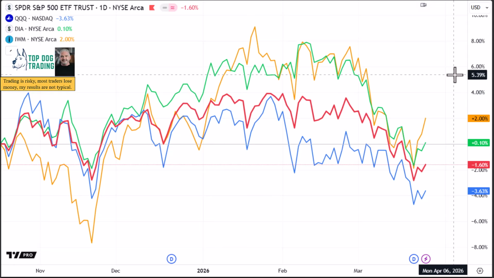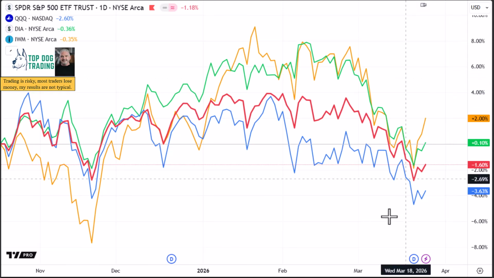Now, again, this is all about comparing one market to another, one stock to another, one Forex pair to another, one crypto to another, and finding out which is the best of the various options, the various choices, right?